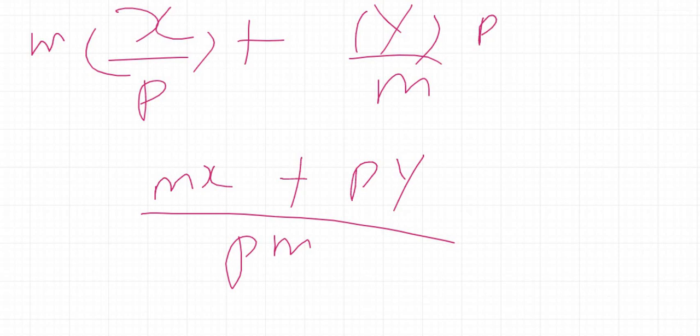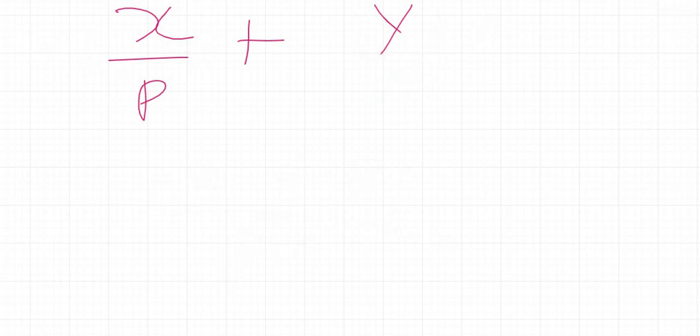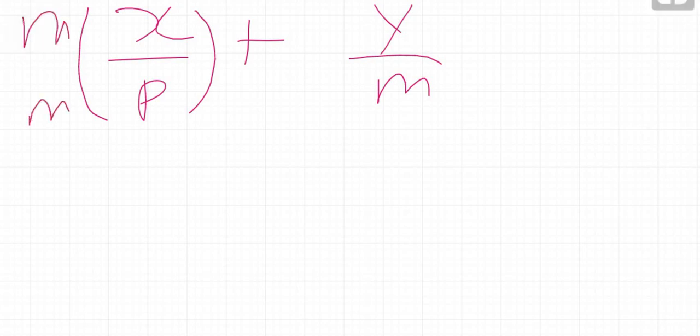Or if we want to look at it another way, by trying to make the denominators the same, we could multiply this fraction by m, both the denominator and the numerator, and then multiply this fraction by p, both numerator and denominator.